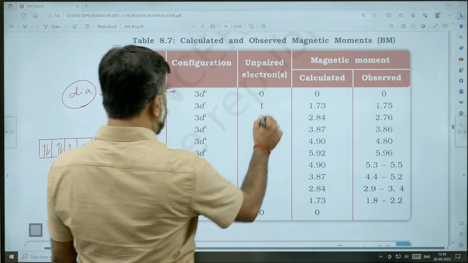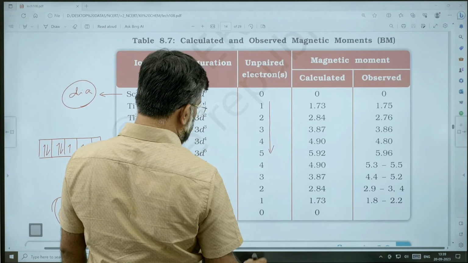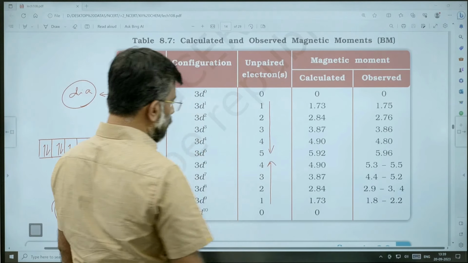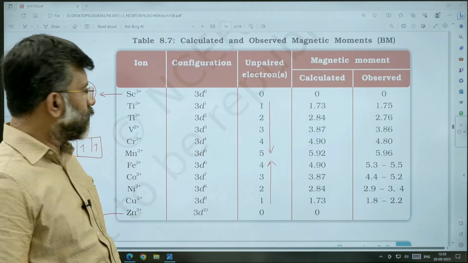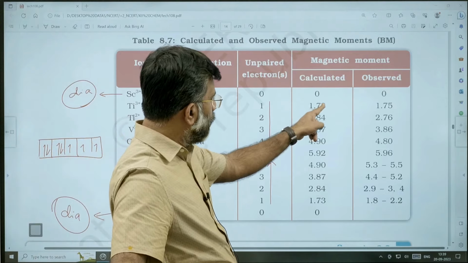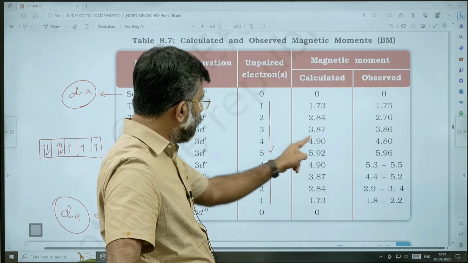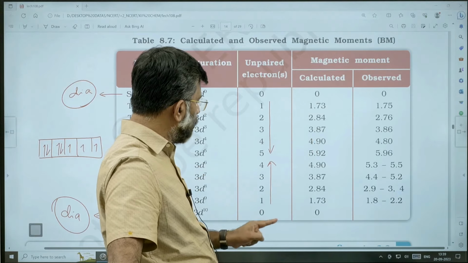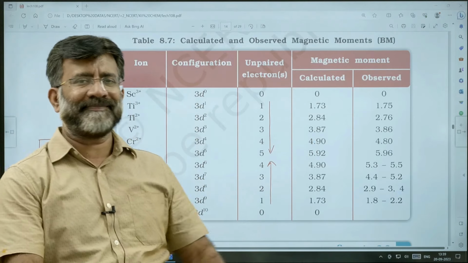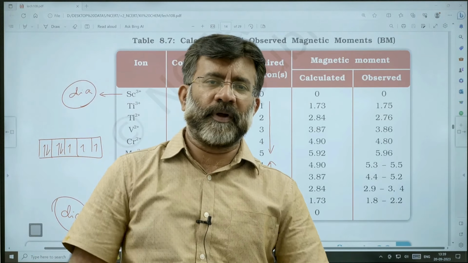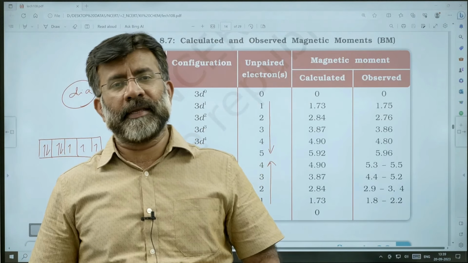So up to 5, the number of unpaired electrons increases and then decreases. So 1 unpaired electron, 1.7; 2, 2.8; 3, 3.8; 4, 4.9; 5, 5.9. That is the nature of the magnetic moment.